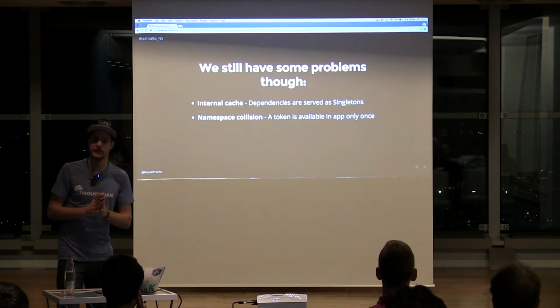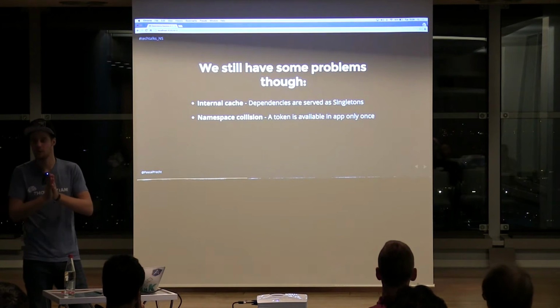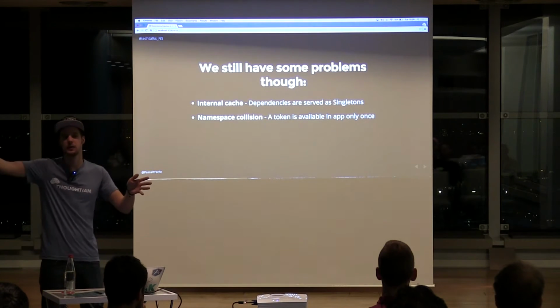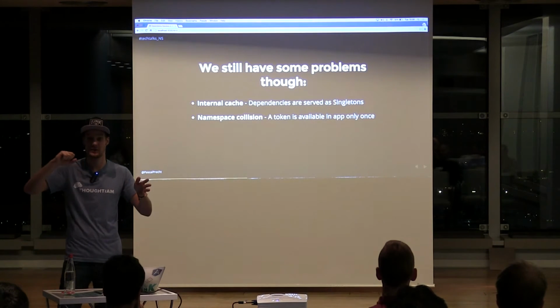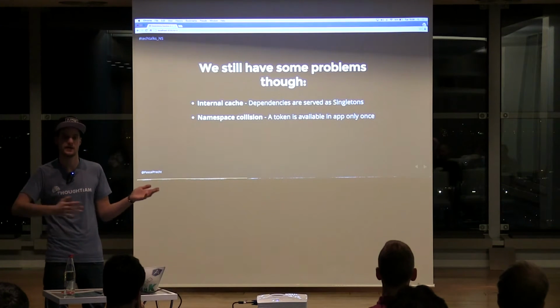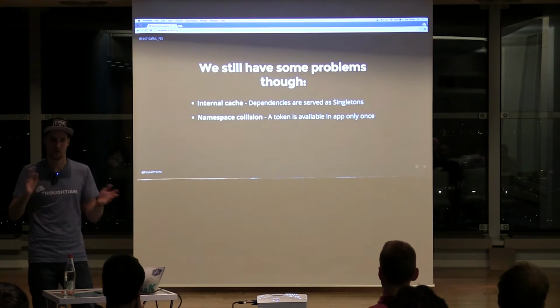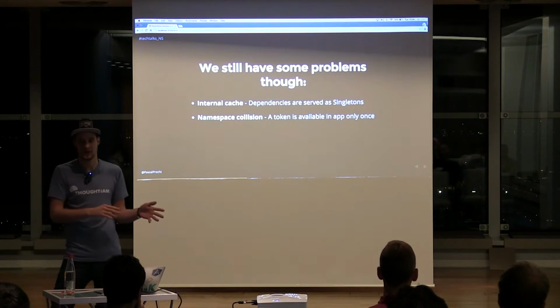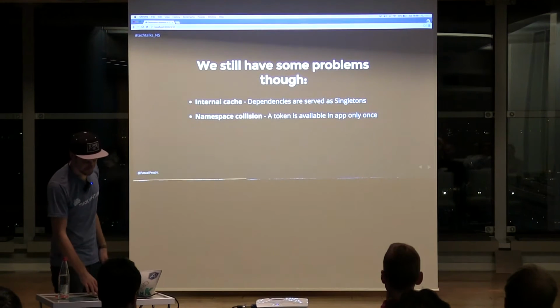If you create a service with whatever name, let it be the car service, and then you include a third-party library that also introduces a car service, then the last one wins. So it basically overrides yours. So, you can't have different implementations for the same token. So we need to solve that.